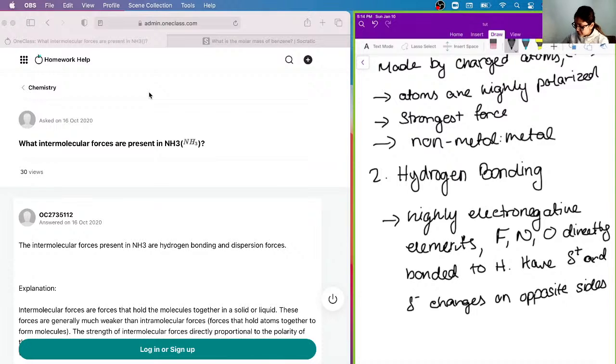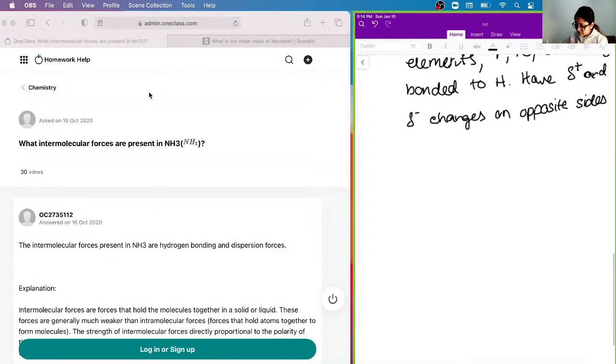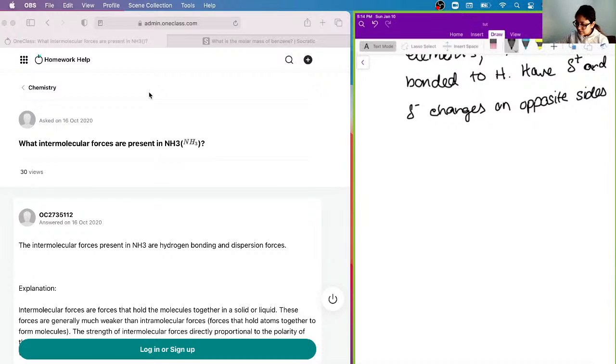We're rating the forces from strongest to weakest, so hydrogen bonding is the second strongest intermolecular force.